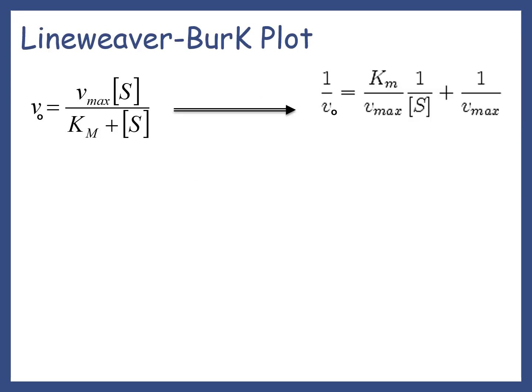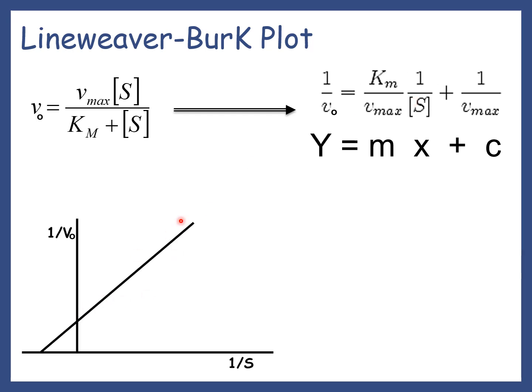So then Lineweaver-Burk rearranged this Michaelis-Menten equation into a straight line equation. Now if we plot a graph of 1 over V naught against 1 over substrate concentration, we get this straight line. The intercept on the x-axis gives us minus 1 over Km, the intercept on the y-axis gives us 1 over Vmax, and the slope of this line gives us Km over Vmax.